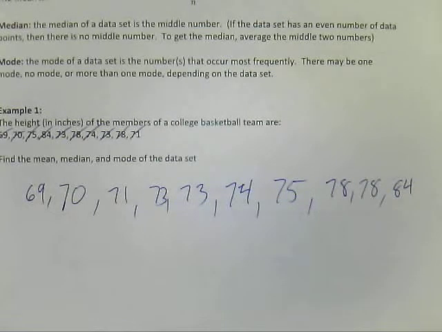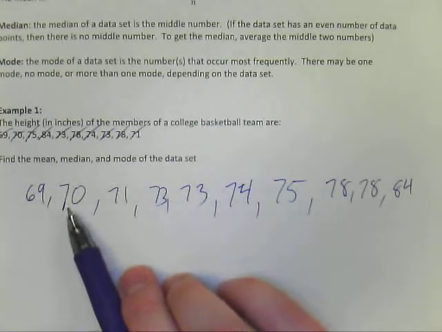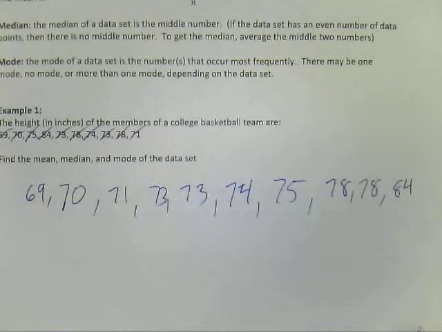So we can find the mean. For the mean, we don't really need to have them in order, but for the other two, it helps. For the mean, what we're going to do is just add them all up. So we're going to do 69 plus 70 plus 71 plus 73 plus 73 plus 74 plus 75 plus 78 plus 78 plus 84.